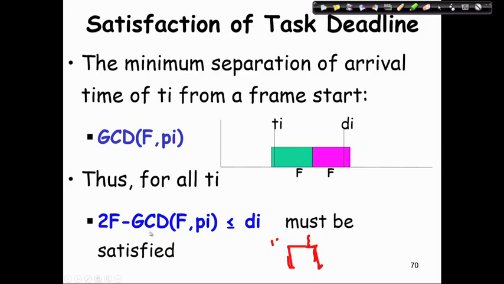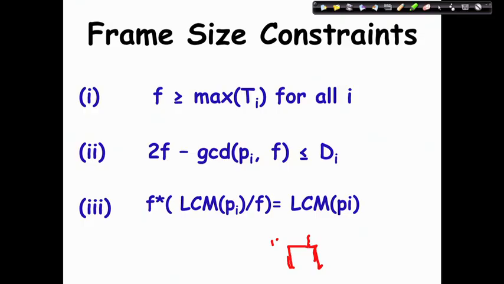So, as long as 2f minus GCD(f, pi) is less than or equal to di, then we have a clear frame available between the task's arrival and the deadline, even in the worst case situation. So, the third condition we can write in this expression, and we will see, given a task set, whether it satisfies this, and if it satisfies, then we can take the frame size as feasible, otherwise we have to discard that frame size.